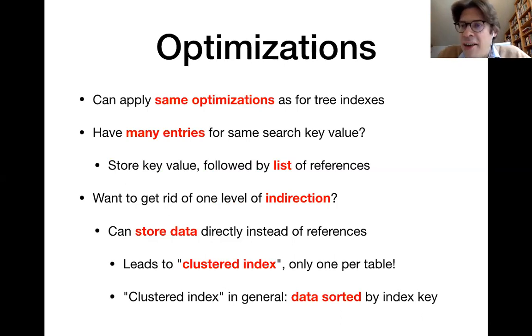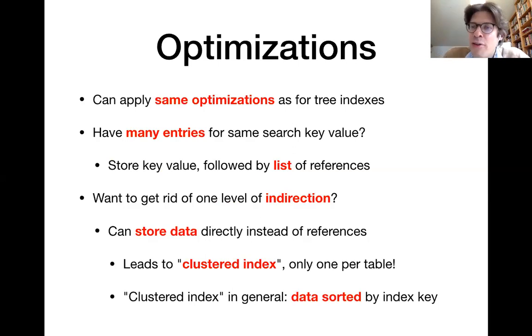Now, we have discussed a couple of optimizations in the context of tree indexes, and in principle, we can use all of those optimizations for hash indexes as well. For instance, if we have many entries for the same search key value, then we can store that key value once, followed by a list of references.